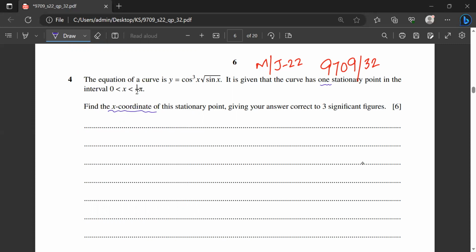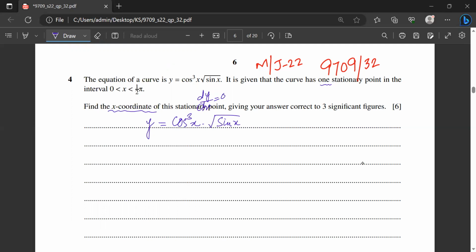So here you can solve this question by the product rule, because for the stationary point we know that dy over dx is equal to 0. You're given y, cos cubed of x times the square root of sine of x. Instead of differentiating it directly, you can make the situation simpler by taking log on both sides.